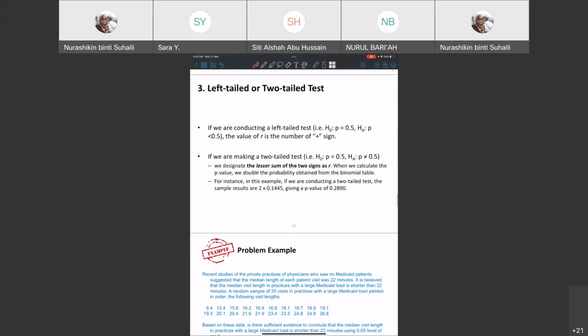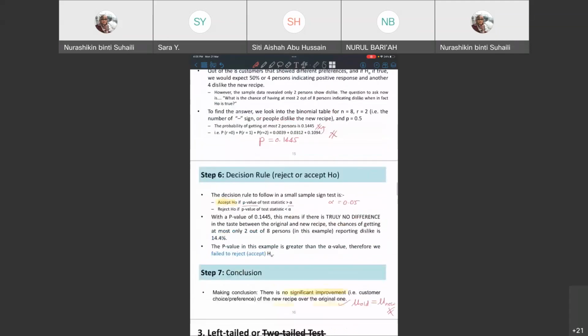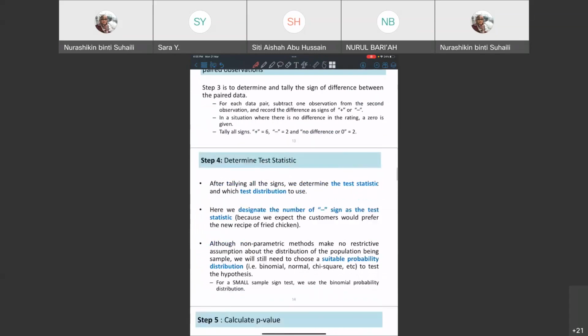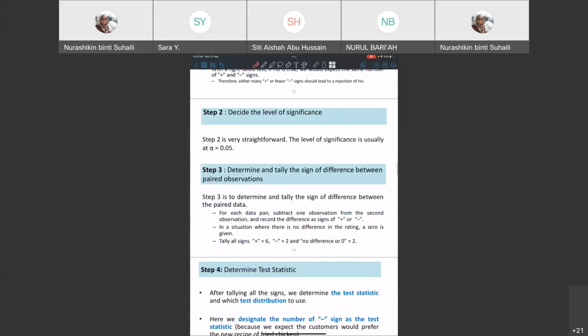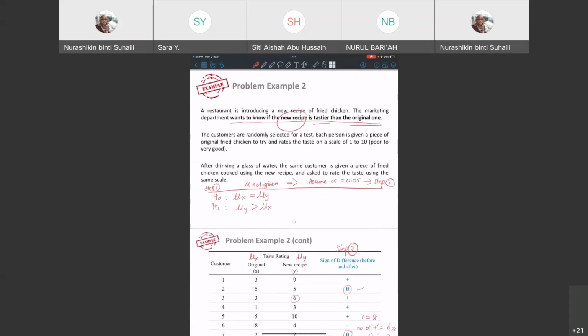Not much after this, it's just a few slides more. Just now, when you set the alternative hypothesis, even in the example before, this is what we call one-sided.